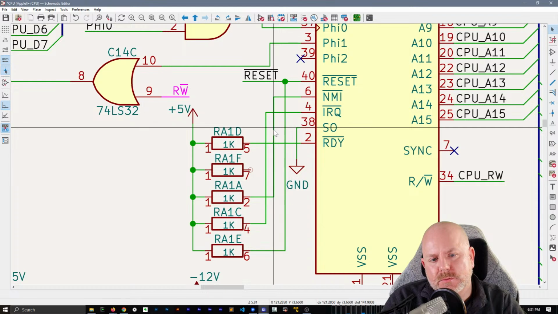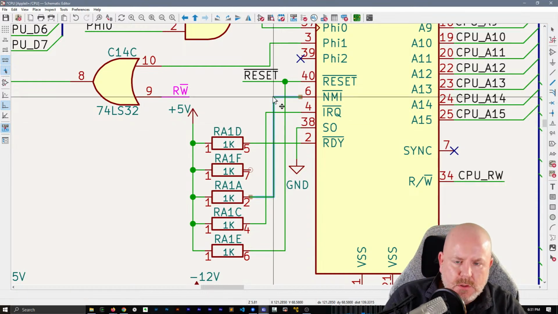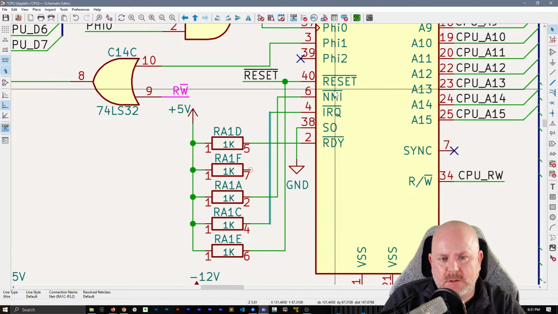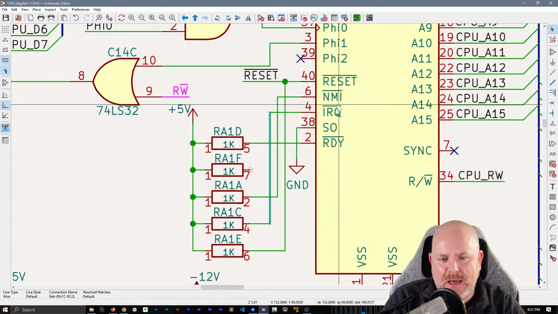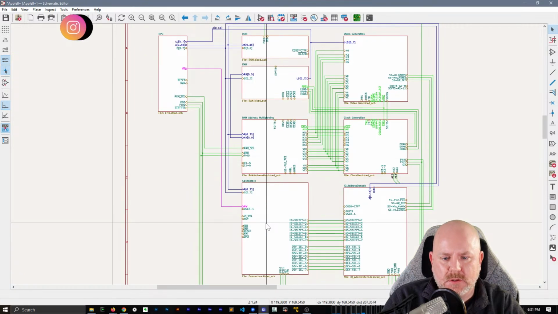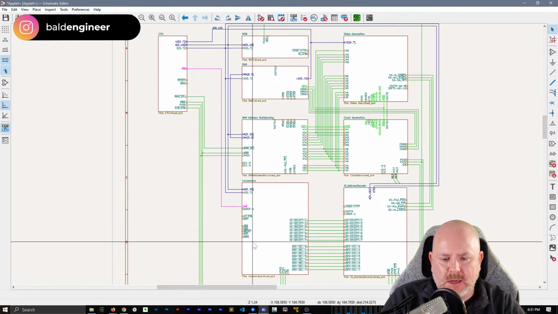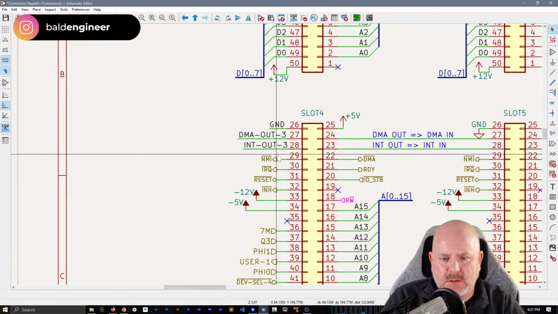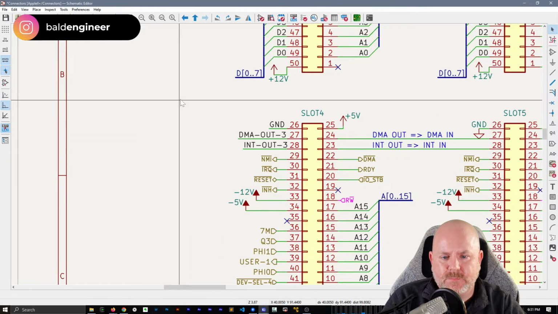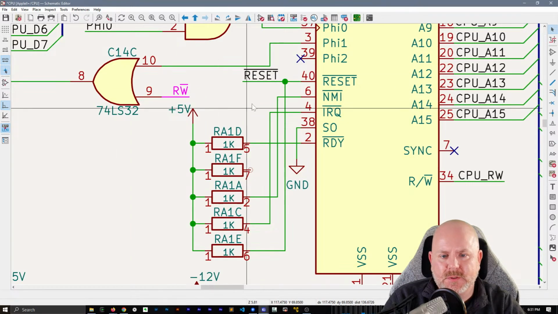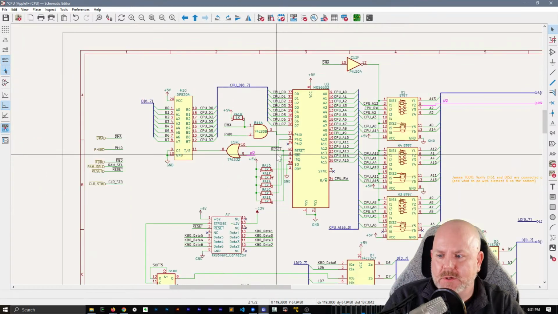So I'm pretty sure NMI, ready, and IRQ are all supposed to go to the slot. And yeah, okay. I don't know why they didn't escape them from this page. Well, it doesn't matter. We're going to do it right now.